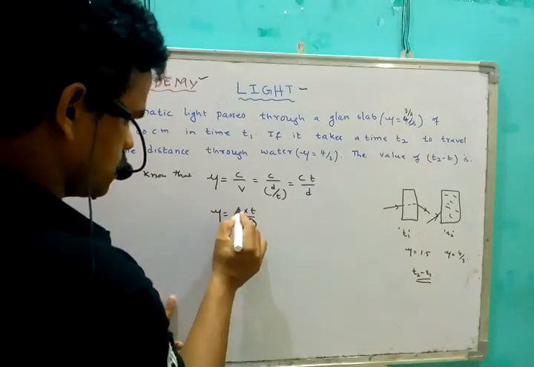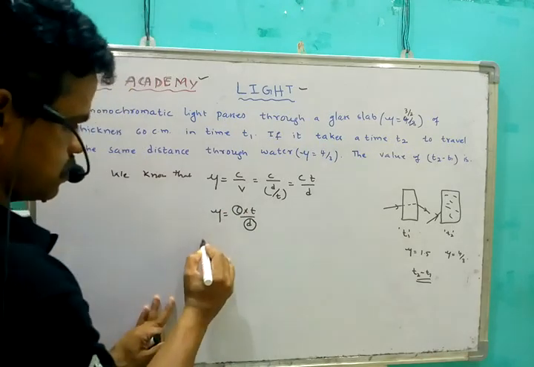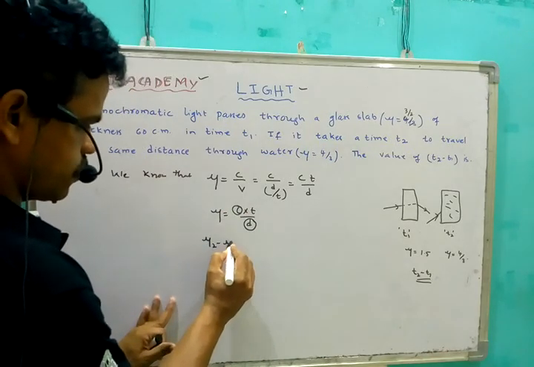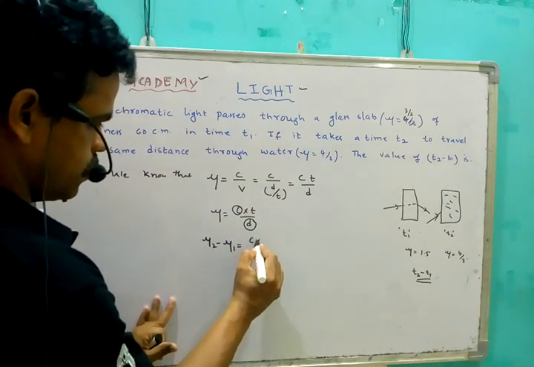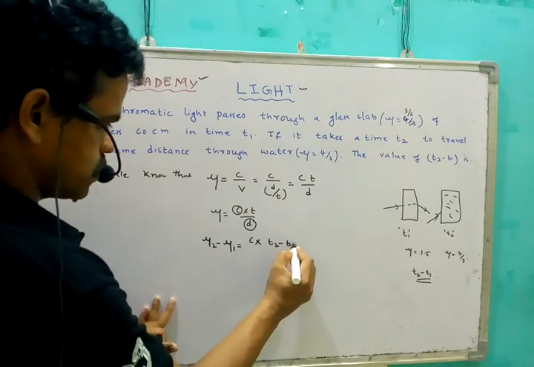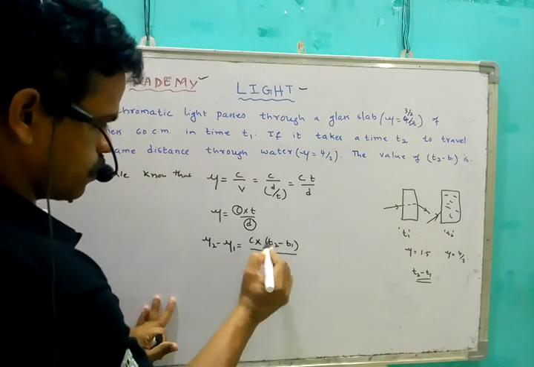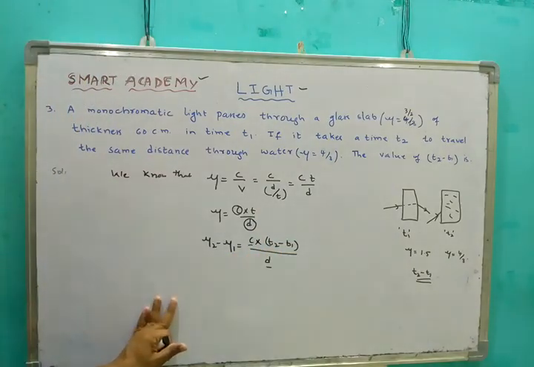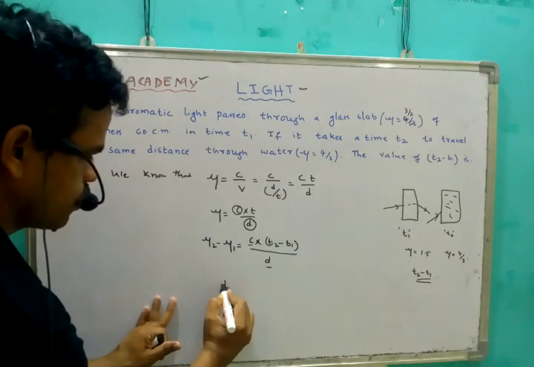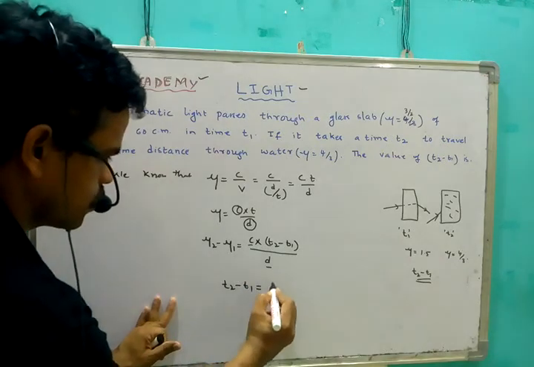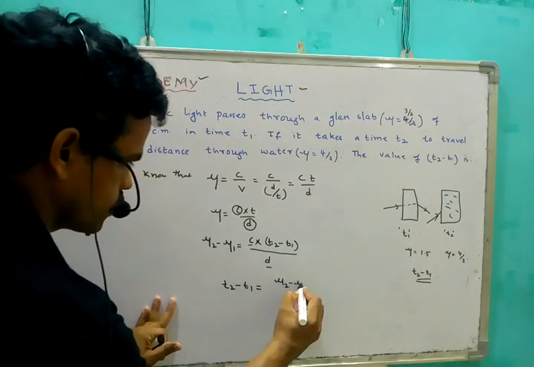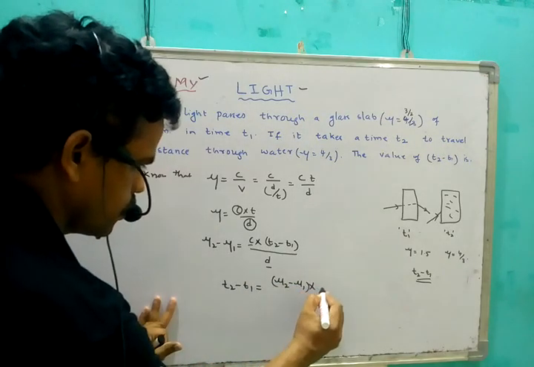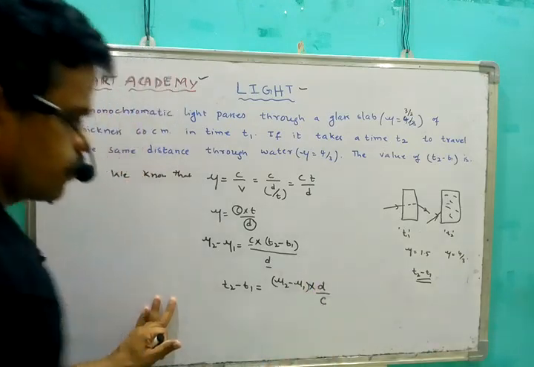D is constant, C is constant. That's why mu2 minus mu1 equals C into T2 minus T1 by D. These two are constant. T2 minus T1 equals mu2 minus mu1 into D by C.